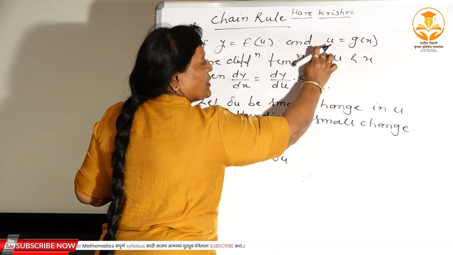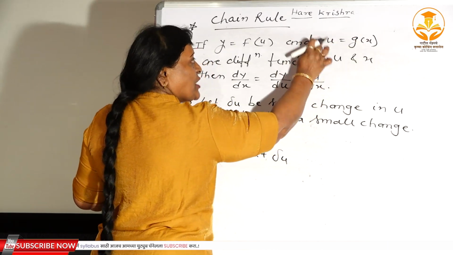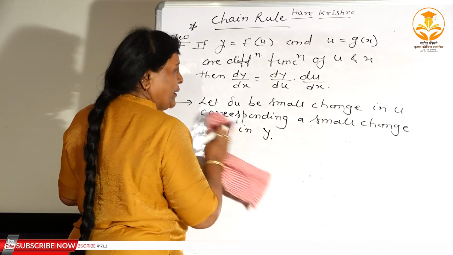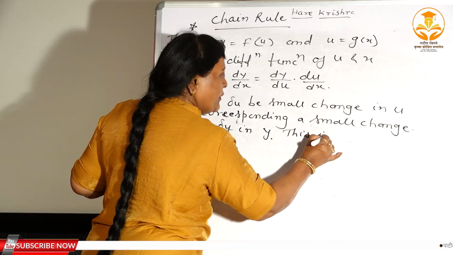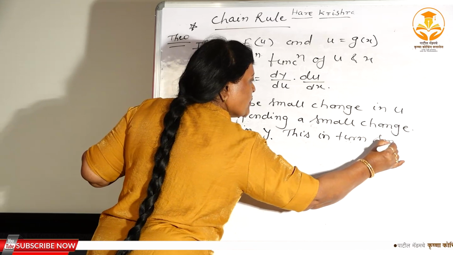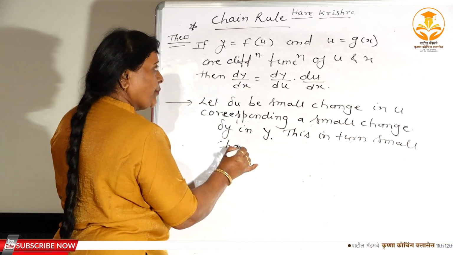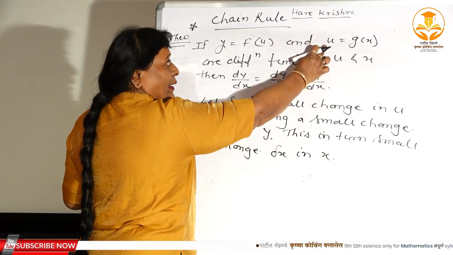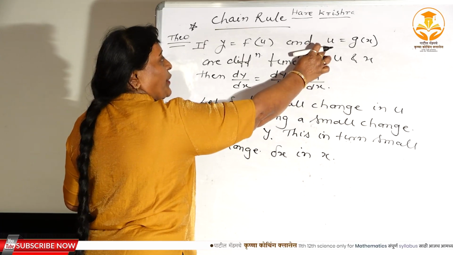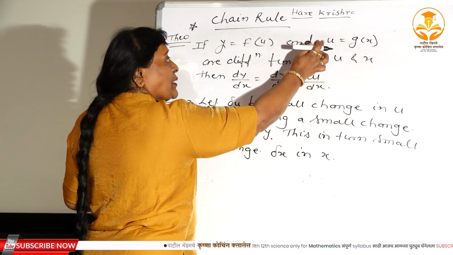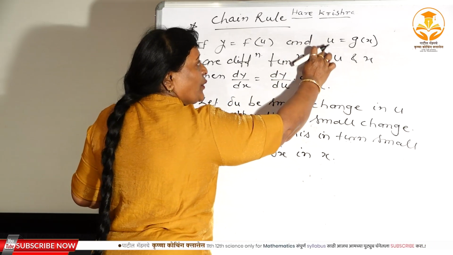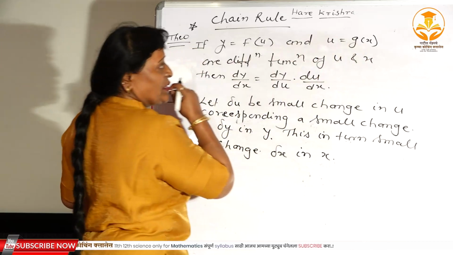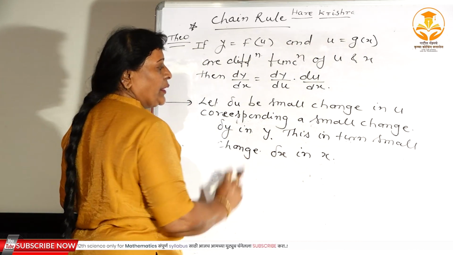Automatically, since u is a function of x, when there is a change in the value of u, we will get a change in the value of x. Therefore we can write, in turn, a small change del x in x, because u already got a change. We have taken the change in the value of u, therefore u becomes u plus del u. Since u depends upon x, whenever you get a change in the value of u, automatically you will get a change in the value of x, and that change I have denoted by del x.